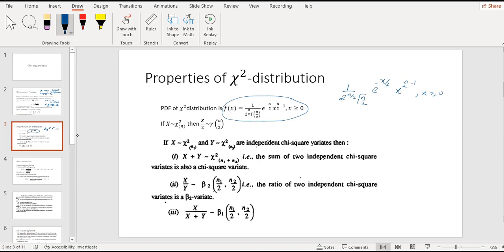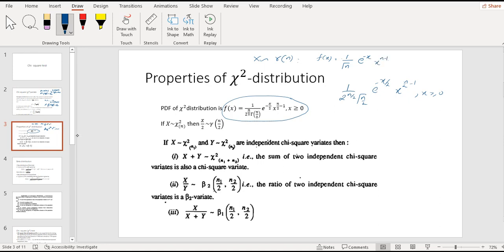And if you look here, we know that in case of gamma distribution, if random variable x follows gamma distribution with parameter n, then its probability density function is given by 1 upon gamma n, e raised to the power minus x, x raised to the power n minus 1, right?